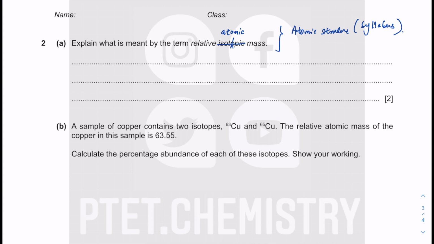So looking at your syllabus and your notes, it refers to the average. So it's to do with the average mass of an element. So these are straight from the syllabus actually.